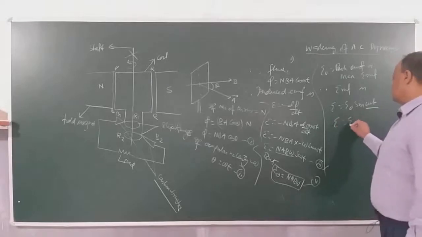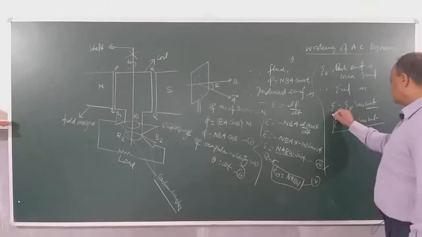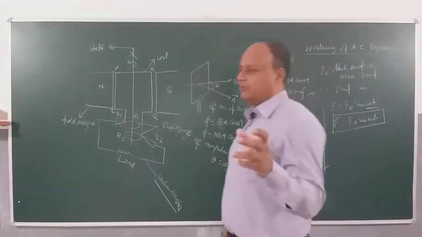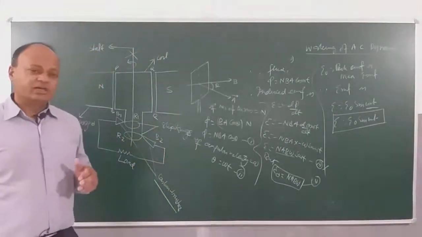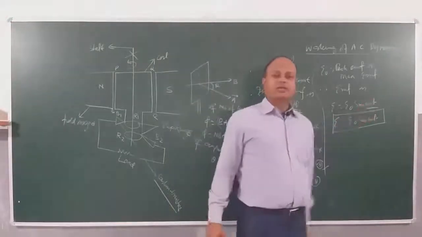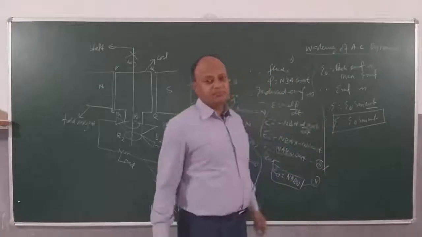So E equals E naught sin omega t. Clear? So we have been able to calculate exactly how the EMF will change: E equals E naught sin omega t, where E naught is the peak EMF or the maximum EMF.